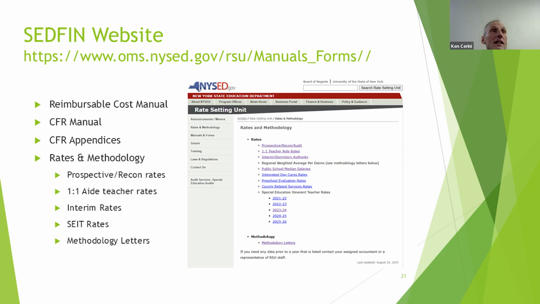So what SED will say is your rate is not reconciled. You're just going to continue to receive the prospective rate. If you fall within 1% of your prospective rate, you just get the prospective rate. You don't get reconciled. So from an operational perspective, if you're within that 1% corridor, your rate isn't getting reconciled.